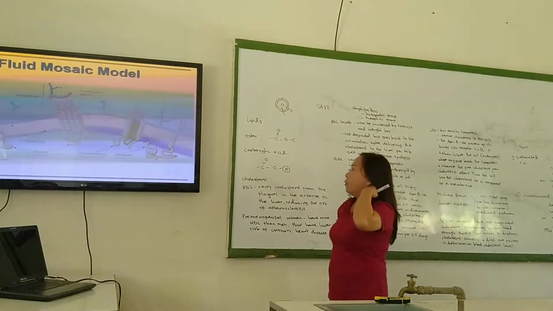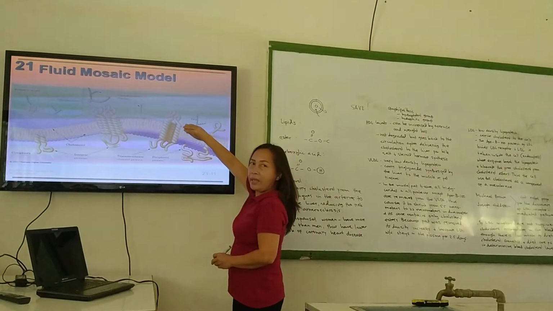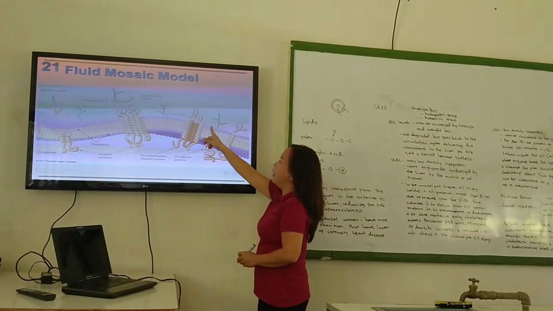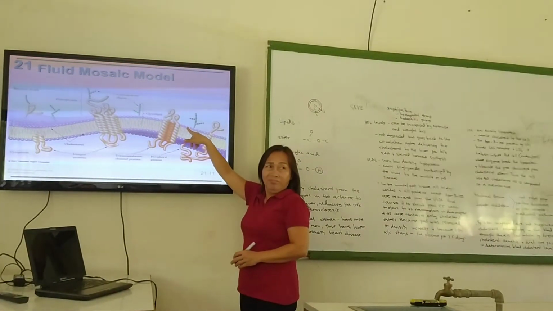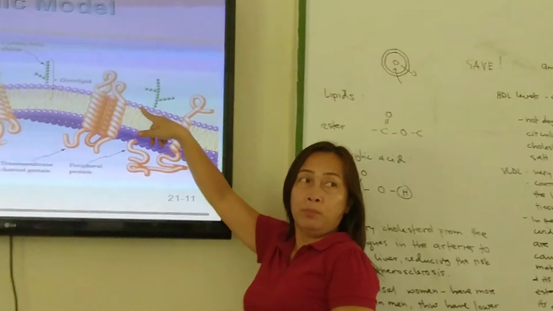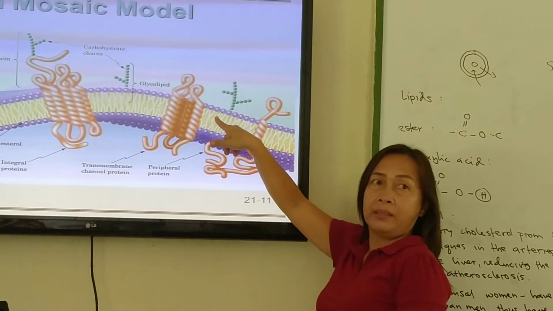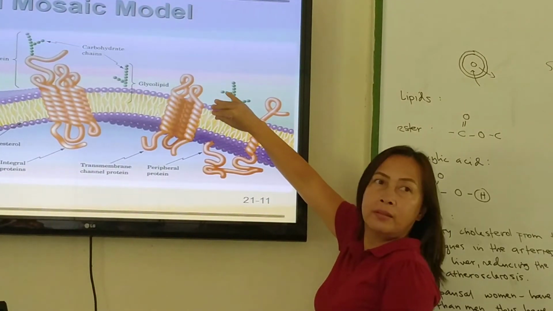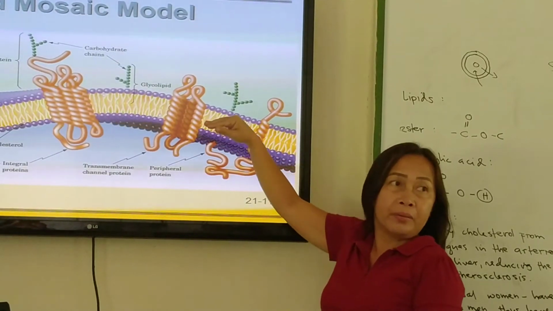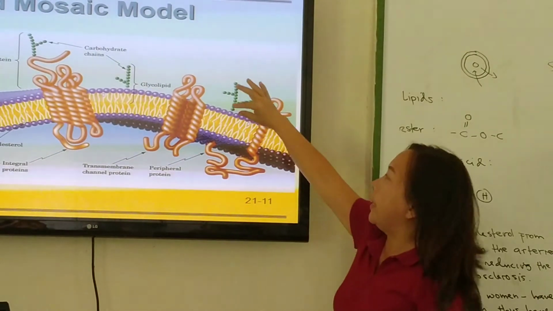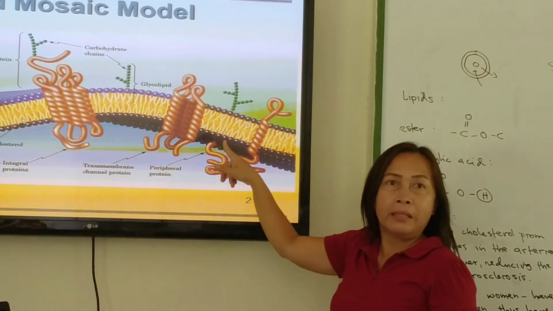Okay. Now this one is composed of one layer. This head here, the balloon-like structure, is called the phosphate group, the head part, and the tail part is the lipid part. So this is one layer, and this is another layer. It's a back-to-back arrangement, the head and the tail and the head. Are you with me?